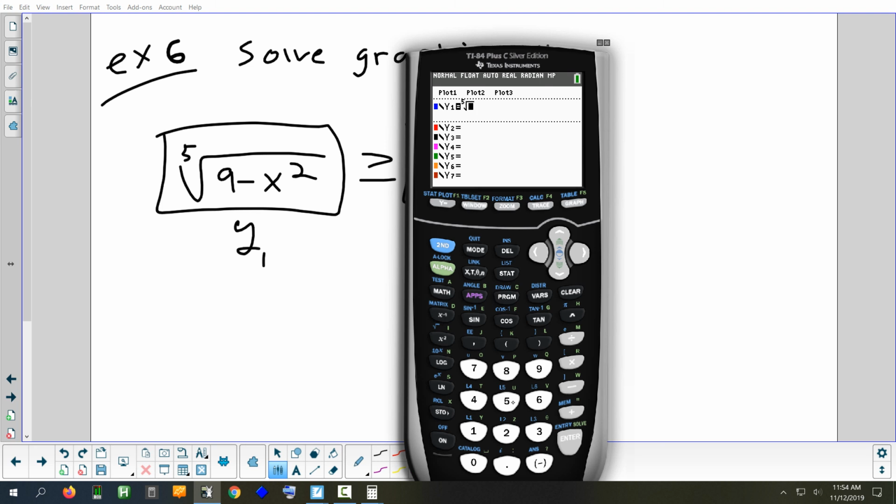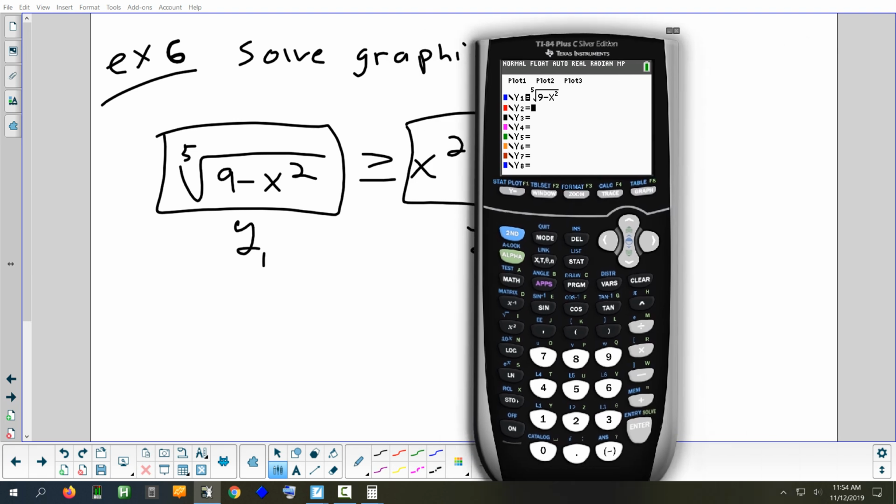Okay. All right, so we got the left. That's the hard one. I think the right everybody can do. x squared plus 1. All right. And now I'll do zoom 6. I think that'll be okay.